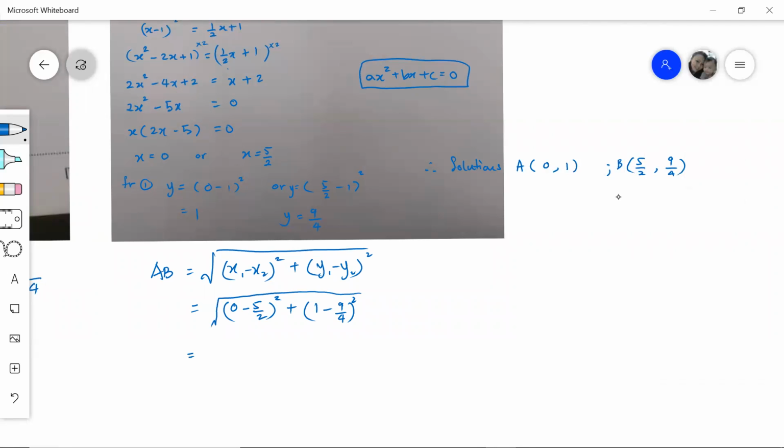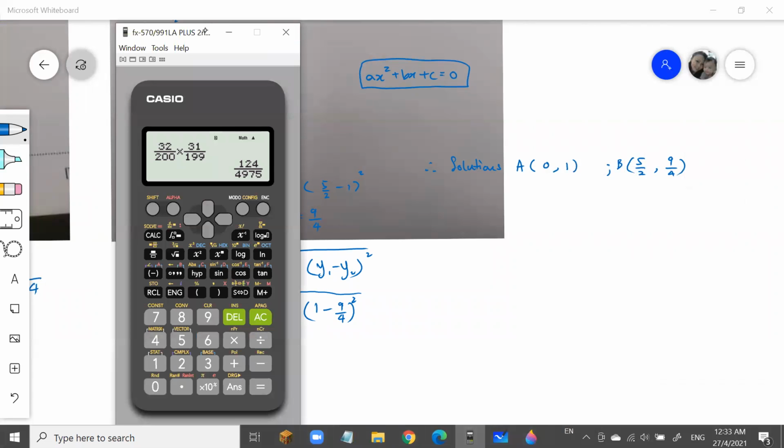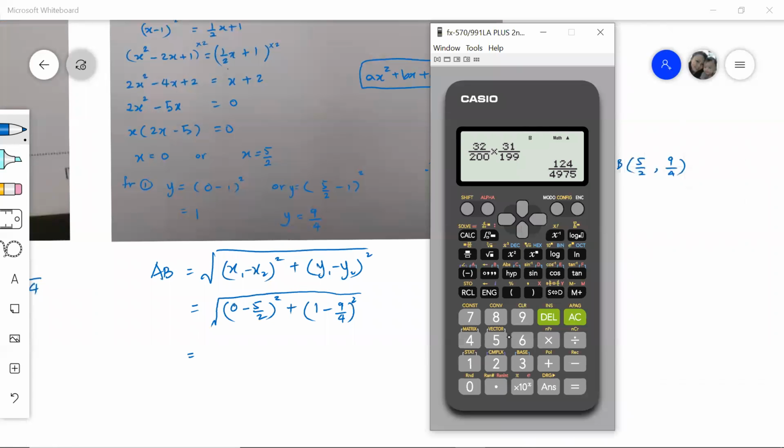You can use a calculator to calculate this and straight away give the answer. Okay, let's just get the calculator. All right, so we have bracket, negative 5 over 2, and we got to square this part, plus 1 minus 9 over 4.